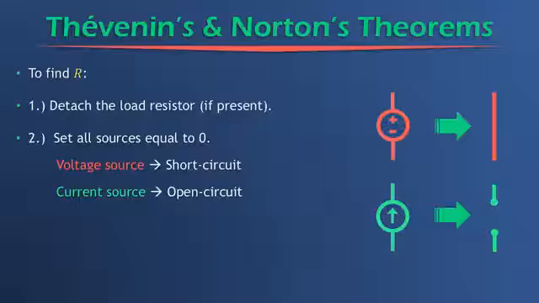And so if you were to connect those 2 points together, as you do in a short circuit, there's no longer any potential difference. Therefore, the voltage is 0. And in a current source, by open circuiting it, you prevent the possibility of any current flowing. So therefore, there's 0 current. And so that's how you set sources equal to 0.